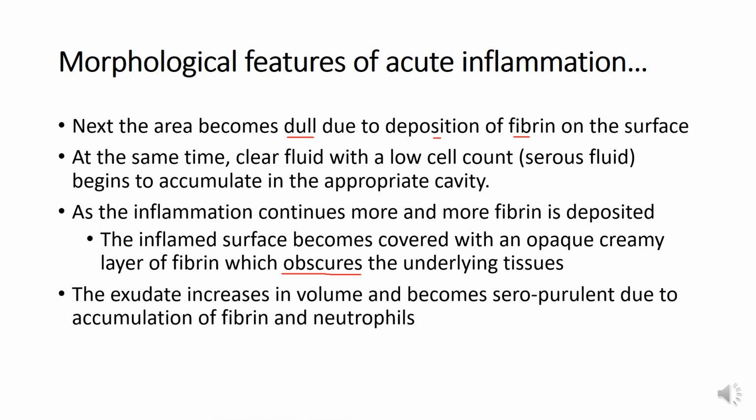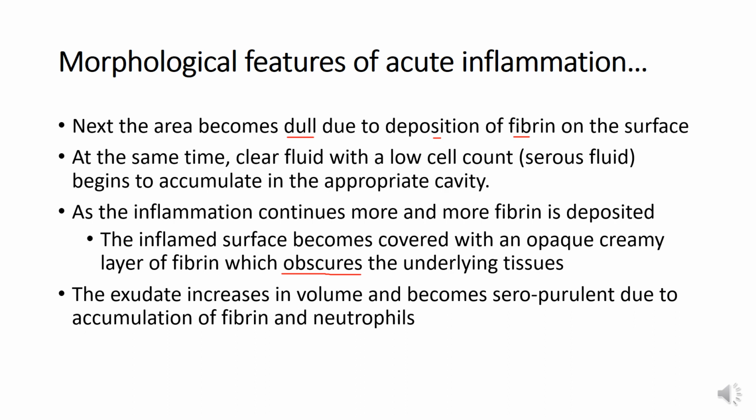Now, as the exudate formation increases, and again this depends on how much space is available, the cells are now coming in. Remember, I told you the first white blood cells that appear at the site of injury in the first 24 hours are the neutrophils.